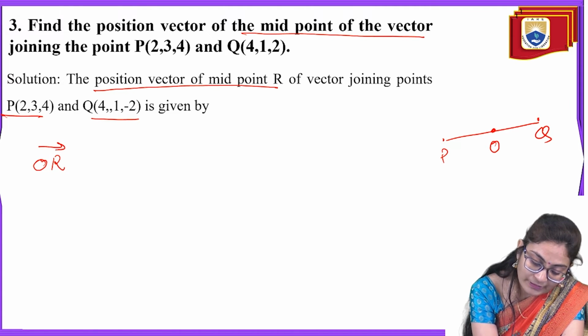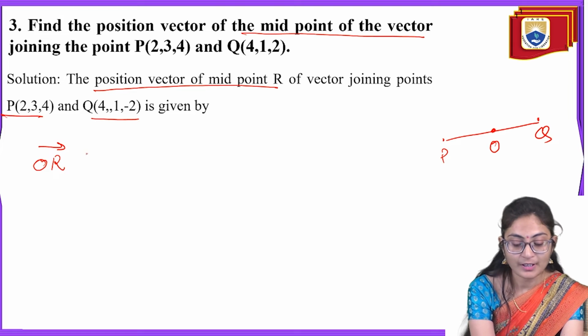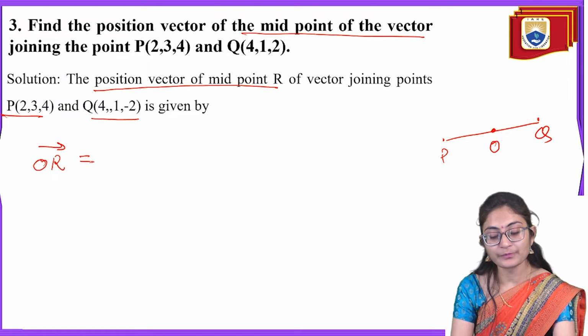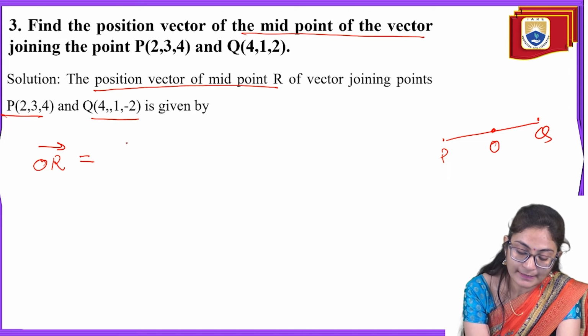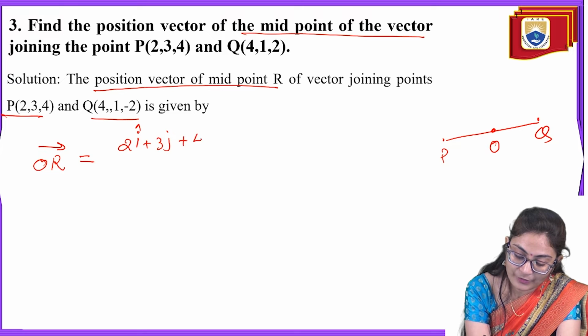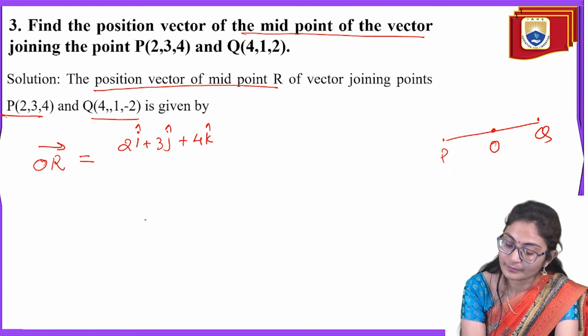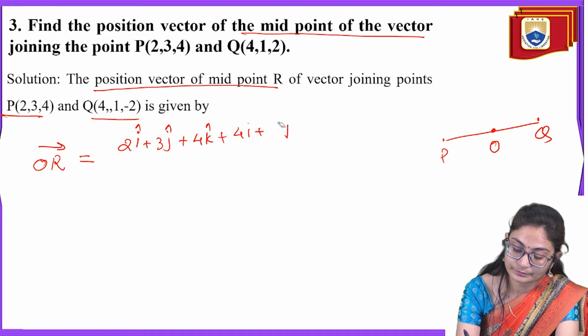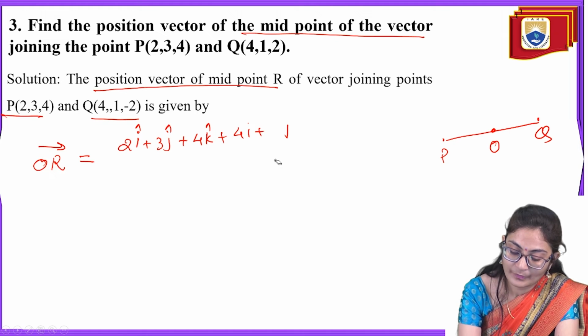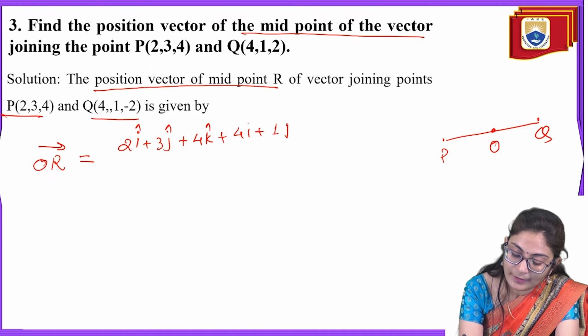What we will consider is the OR vector. P is 2i plus 3j plus 4k, and Q is 4i plus 1j plus 2k.